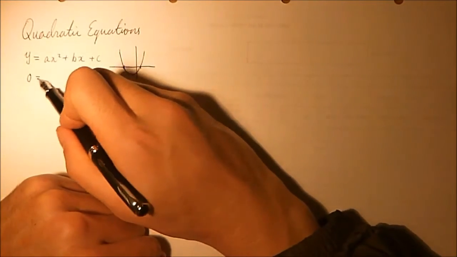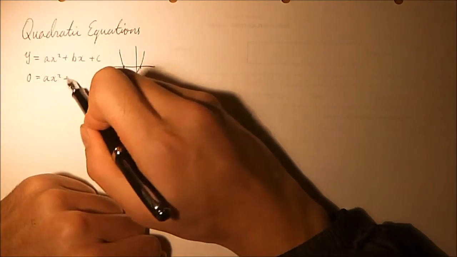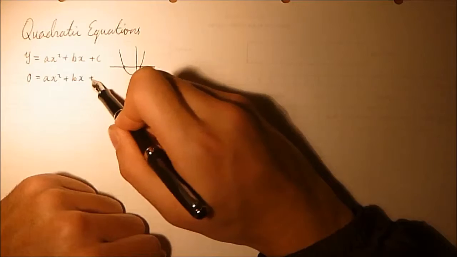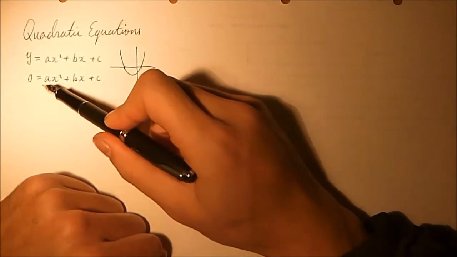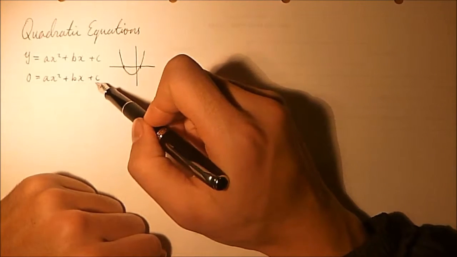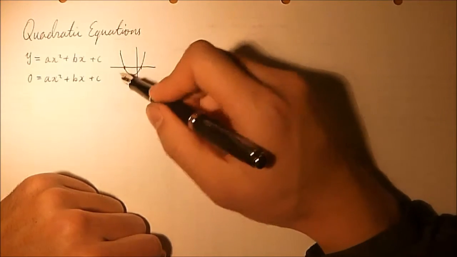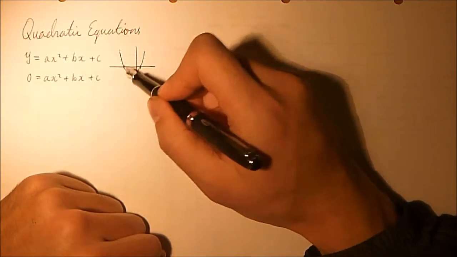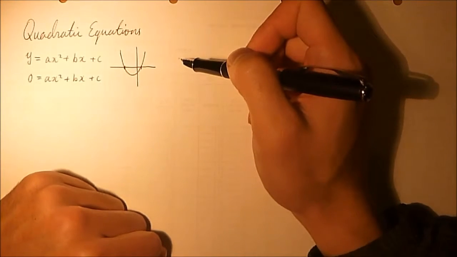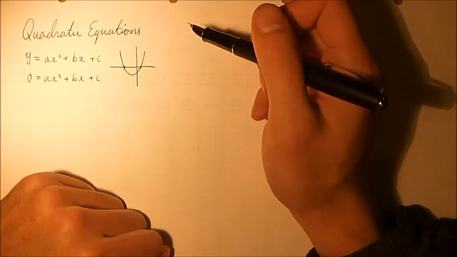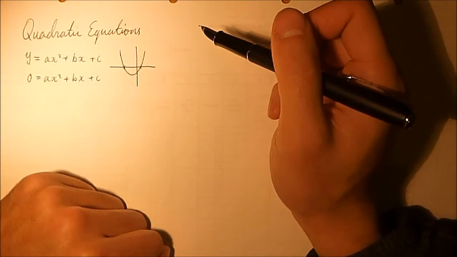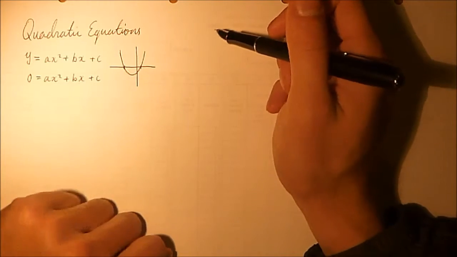So 0 equals ax squared plus bx plus c. In this case, if we can find the solutions to this equation, we'll know where these two points are, where the parabola cuts the x-axis.